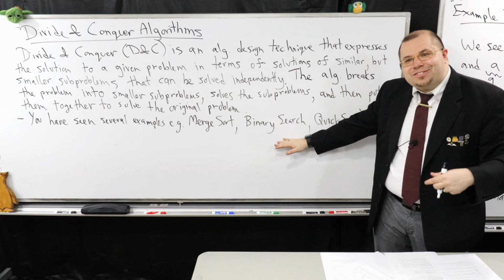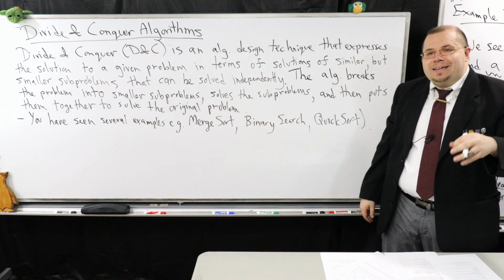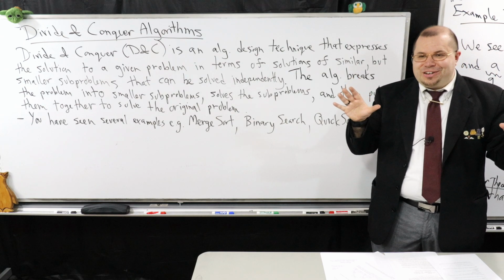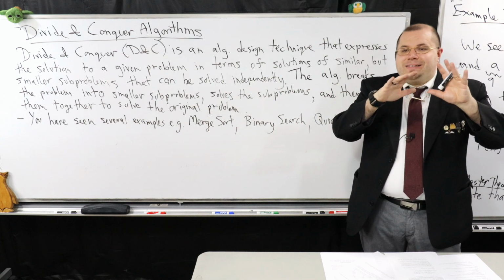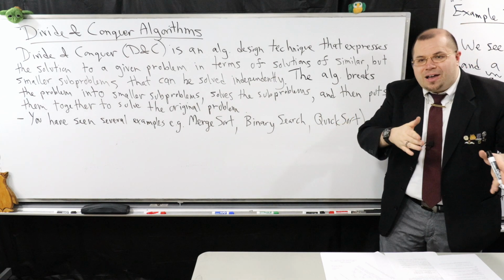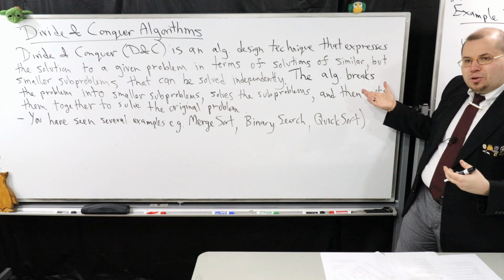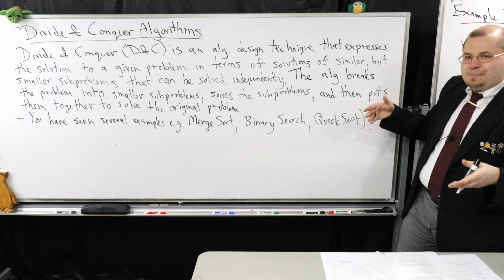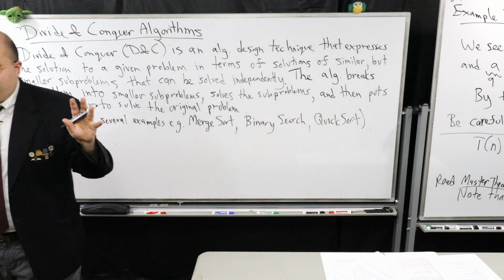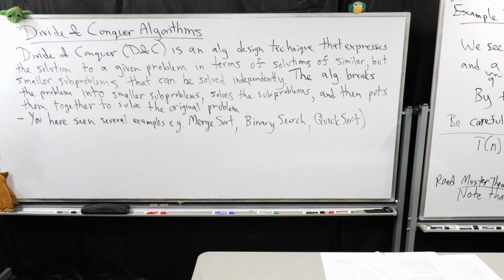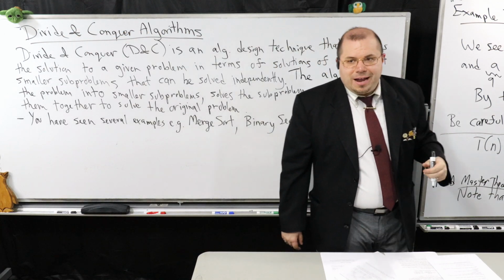Binary search is a much cruder, simplified example of a divide and conquer algorithm. Every time I'm searching, I discard roughly half of the array, the subarray that I'm looking at.